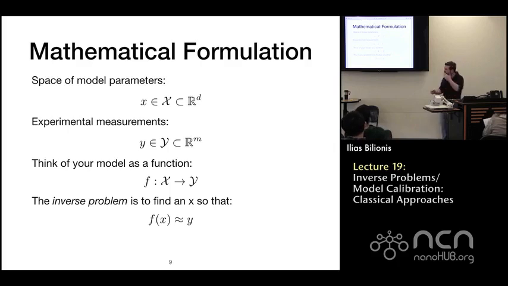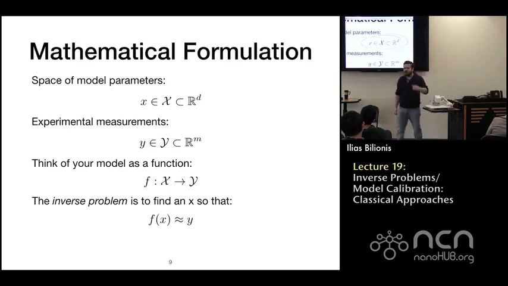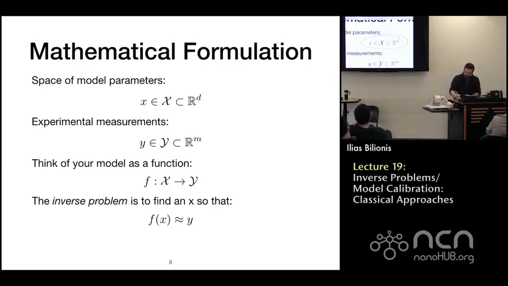Some things that we're going to need. We're going to need the space of model parameters, or parameters of your model, which I'm going to call x. Lowercase x will be the parameters themselves. Scripted X will be the set of parameters, okay? And of course, I'm assuming that we have d parameters.